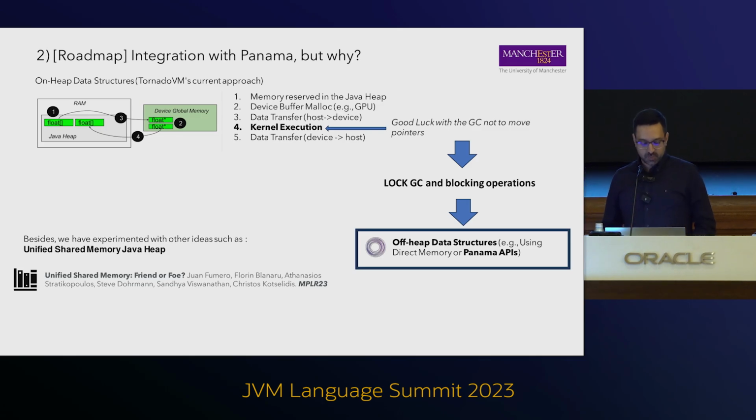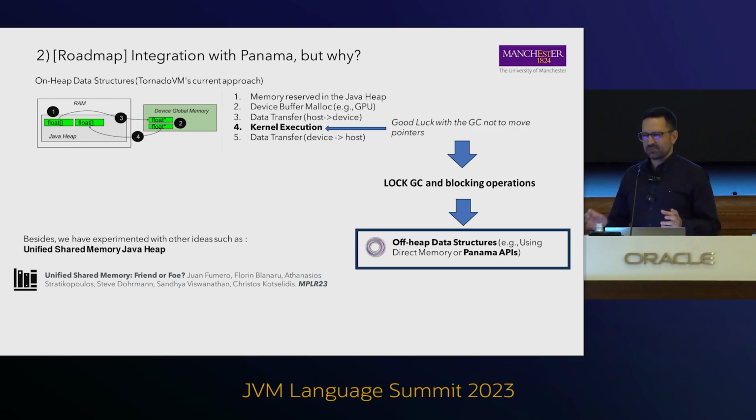Another idea we have explored is the following. What if, that sounds crazy, what if we have the Java heap or a subset of the Java heap as a unified space between the CPU and the GPU? We share pointers. So there is no need to marshal or to send data in different spaces, and the GC will work. Well, we work with 4 modifications, actually.